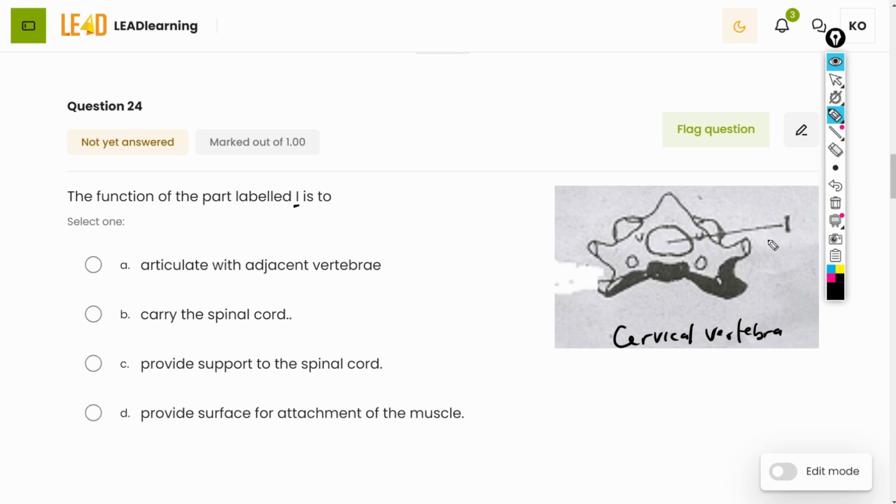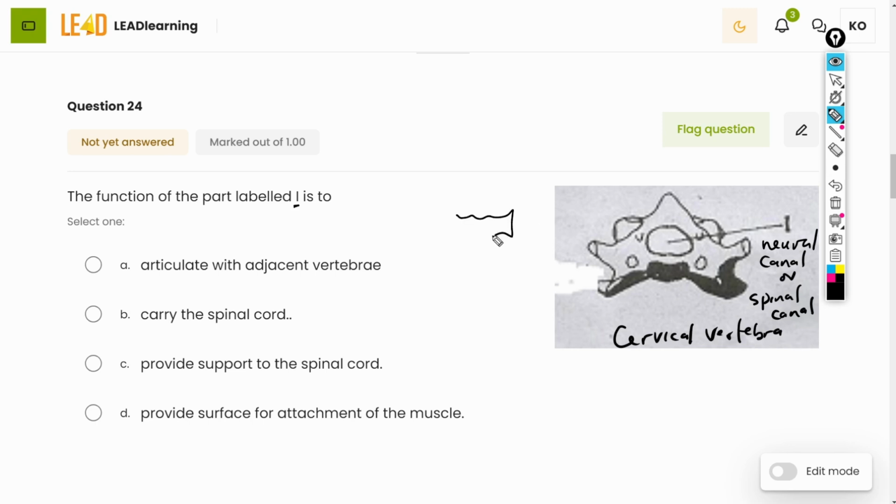This feature labeled 1 is the neural canal, also called the spinal canal.